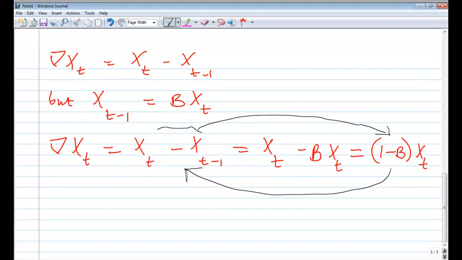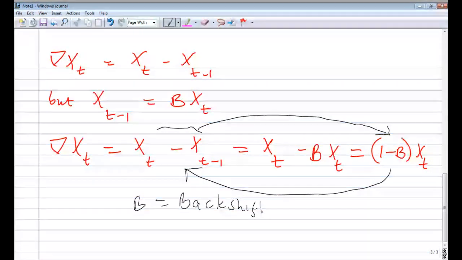So by so doing, we are applying what we call the backshift operator. That B represents the backshift operator, in such a way that from left you can go to right, and when you are on the right, you can go back to the left.